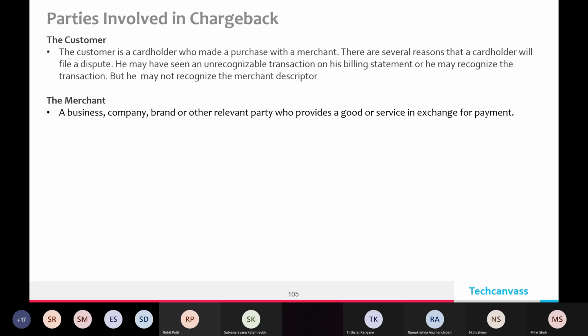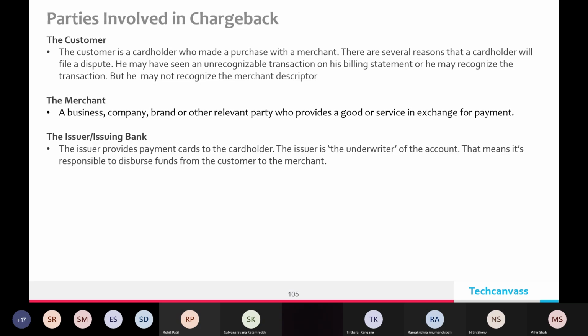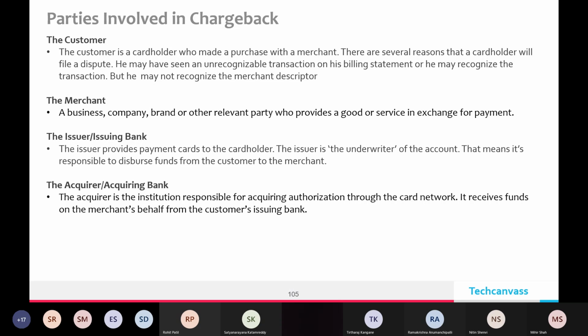And the merchant is the one who has a business, company or brand who has provided the goods or service in exchange for the payment. Then the issuer or issuing bank, we know, is the bank that has issued the card. And the acquiring bank is the bank that has acquired the merchant.